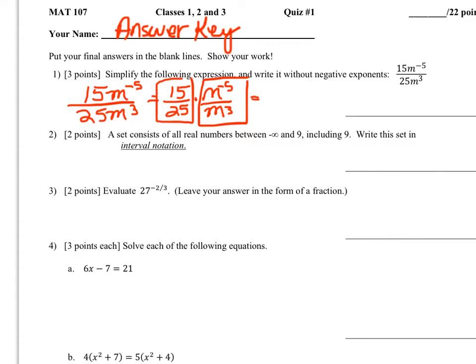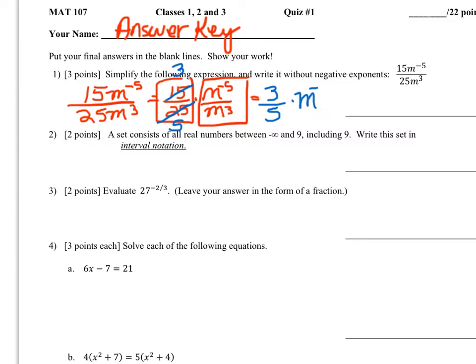So to reduce the first fraction, we want to find a common factor to the top and bottom, which is 5. So 5 goes into 15 3 times, 5 goes into 25 5 times, so that becomes 3 over 5. Now, to use your exponent properties here, you have a division problem, the same base, so we subtract our exponents.